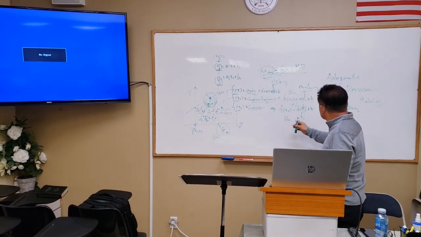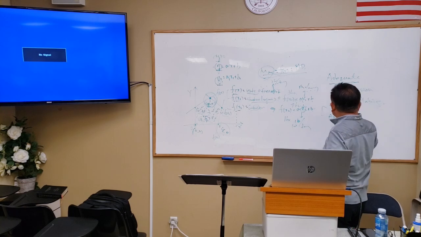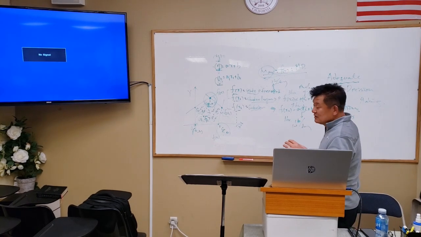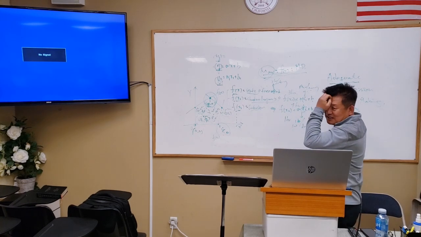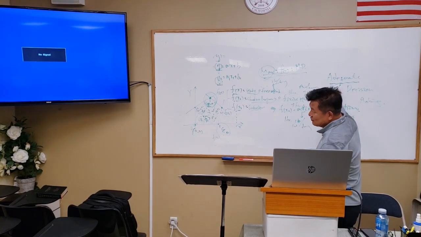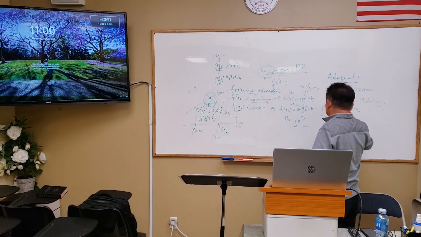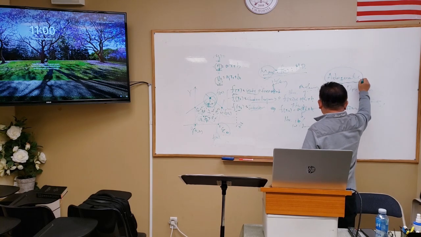This decision is adequate, not a solution, not exactly an answer. This is the best one. It means adequate. So adequate means it's not exactly an answer, exactly a solution, just adequate.